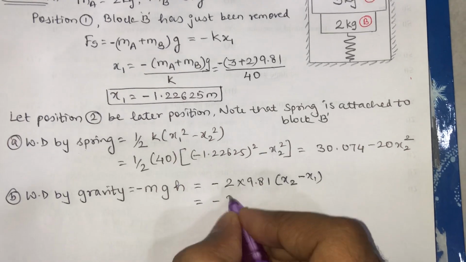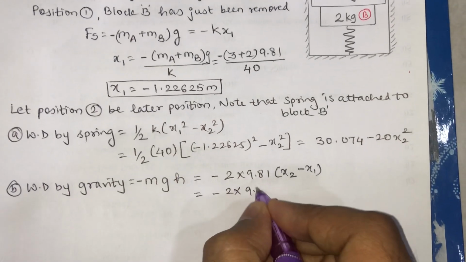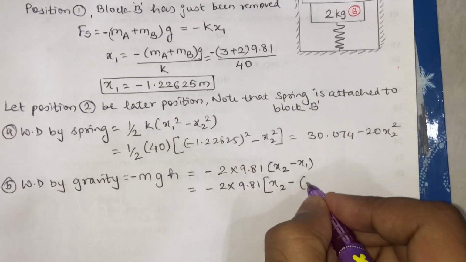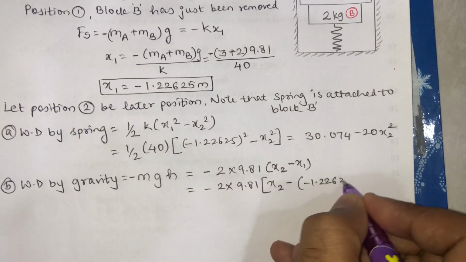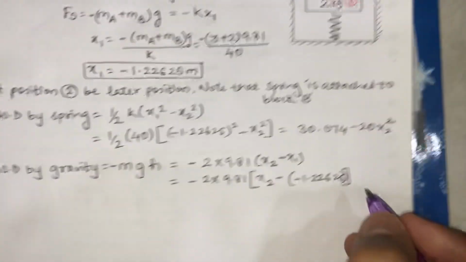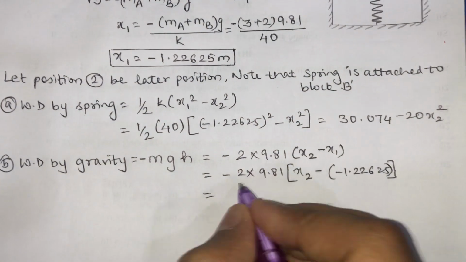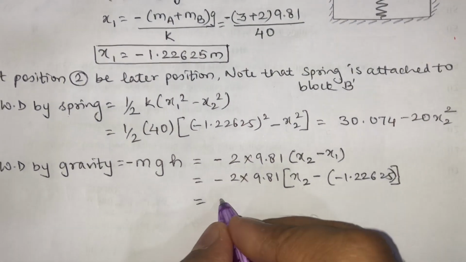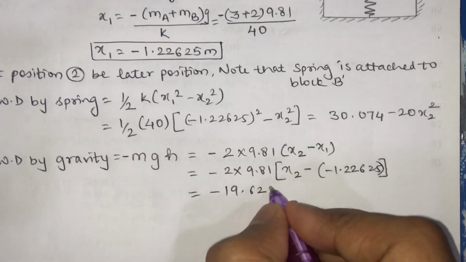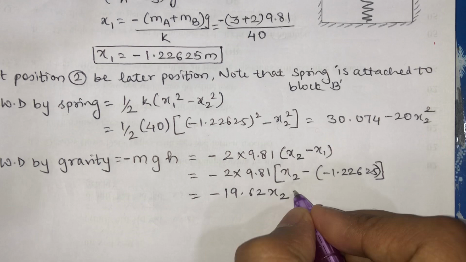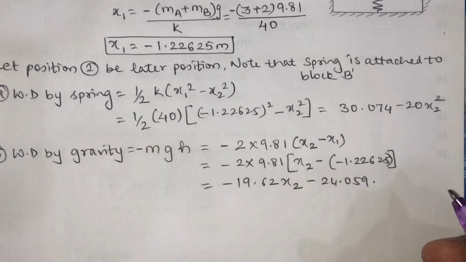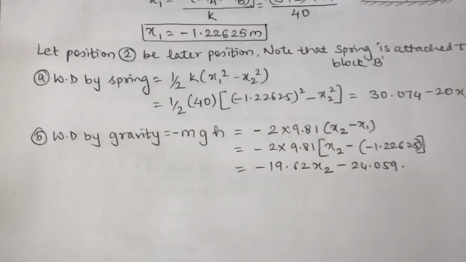Now here minus 2 times 9.81, x2 I don't know, x1 I know as minus 1.22625. If I solve this completely, I get the equation minus 19.62 x2 minus 24.059. This is the work done by gravity.